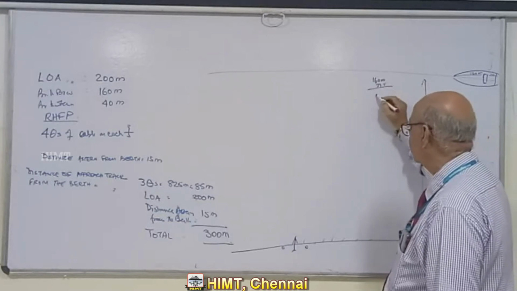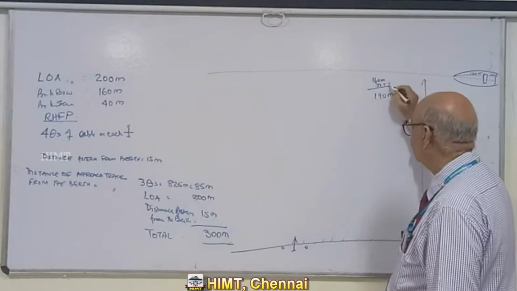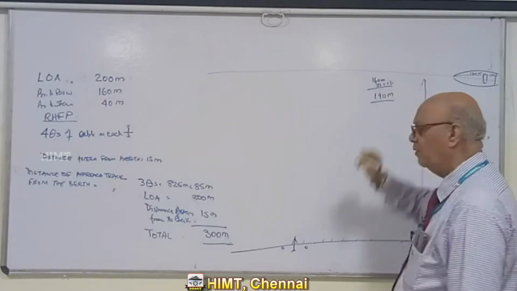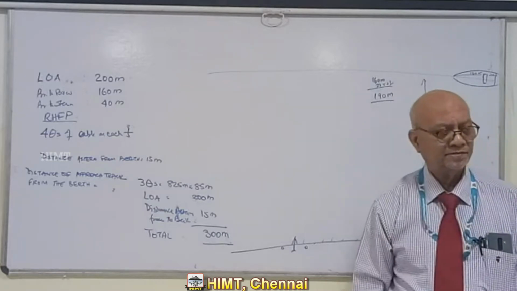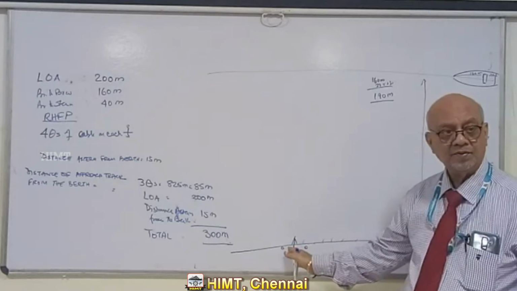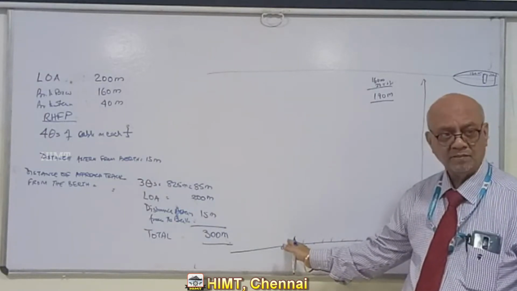So let's say you take it as 30 meters, so a round figure of 190 meters from this position, where my stern is to come.